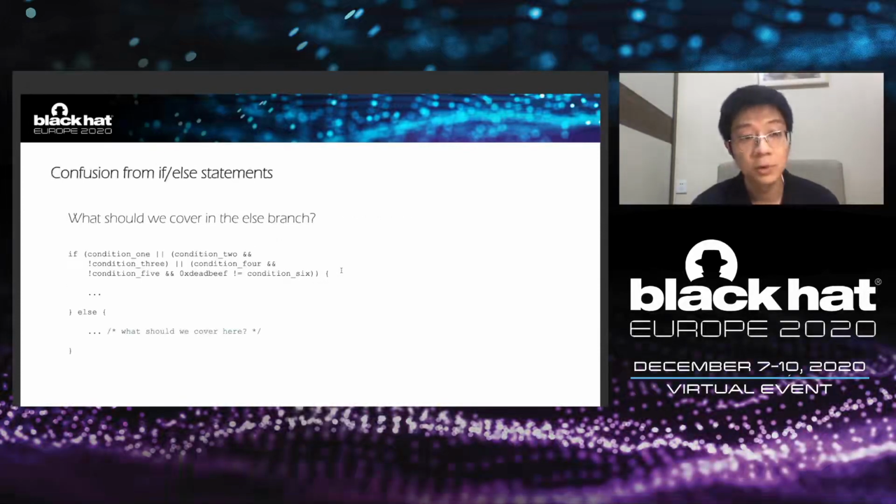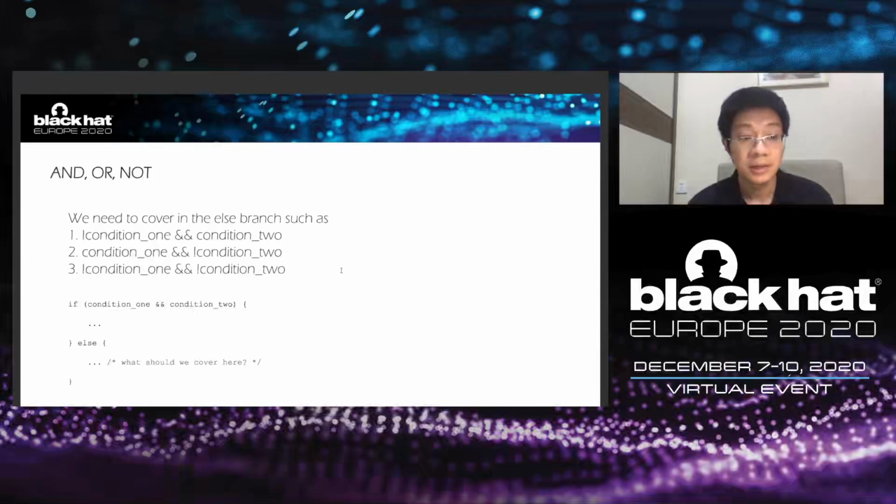The pattern of this vulnerability is like this. If someone writes a lot of conditions in an if statement, what situations need to be covered in the else branch? To me, for this case, I don't know. I prefer to rewrite this code. Let's simplify the problem.